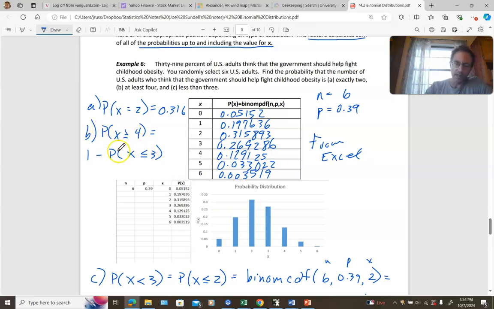Defining the problem like this, trying to figure out the probability that x is less than or equal to 3, will allow me to use that binomial CDF function. So I'll write this out again. This will be 1 minus the binomial CDF, and those parameters are the same. N is still 6, p is still 0.39, but x is now 3.